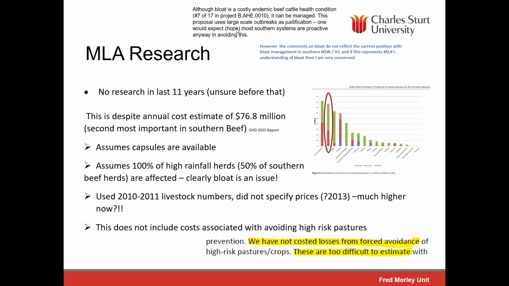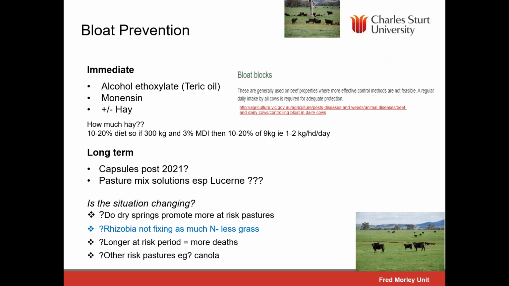So the response we got from MLA was that they didn't think bloat was worthwhile doing research on, and my little reply is written there, which I needn't mention. So clearly, given what I think is a fairly important issue certainly in our farming system, it's a shame that we can't get a little bit more buy-in from MLA with our research dollars. But that's the end of my rant.